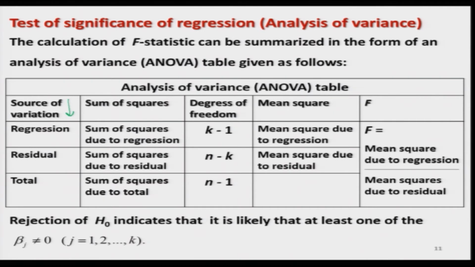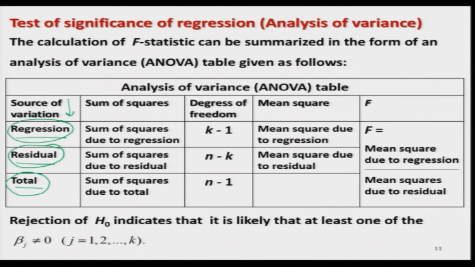I can broadly divide it into three components: regression, residual and total. Regression contributes the variation which is explained by the fitted regression model. Residual explains the variation due to the random error component, and total gives us the sum of squares due to total.